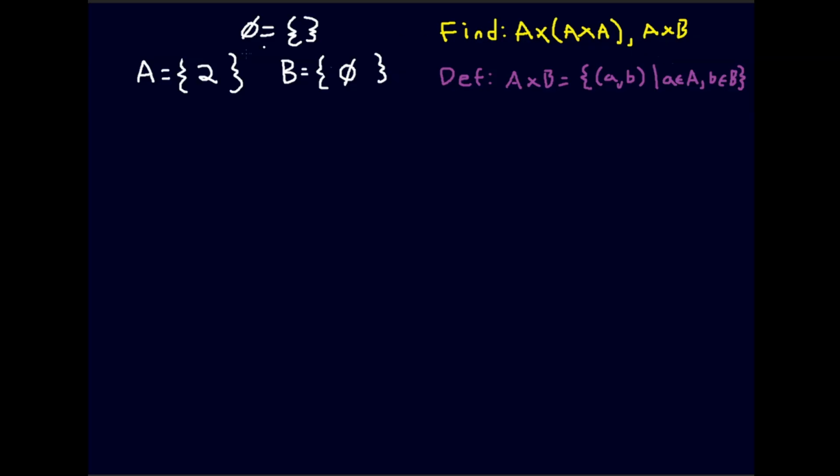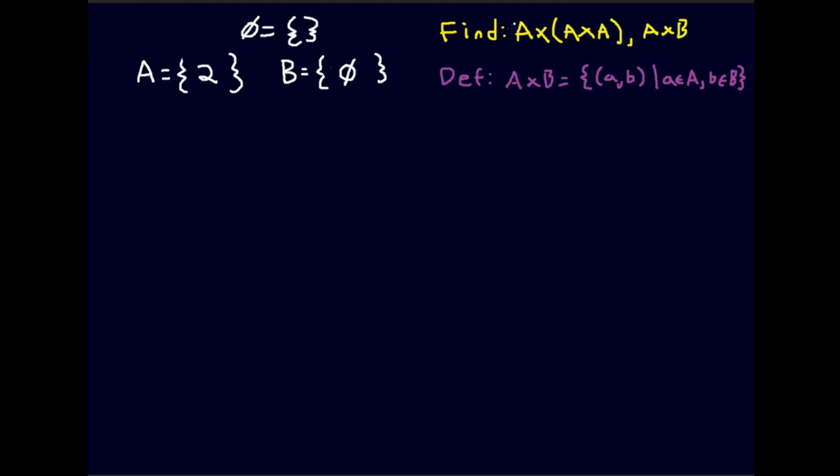Given A is just an element 2, and B is actually the element of the empty set. So this is the empty set within a set. So this is actually not just the empty set. This is an element of 1. So the cardinality of B would actually be 1.